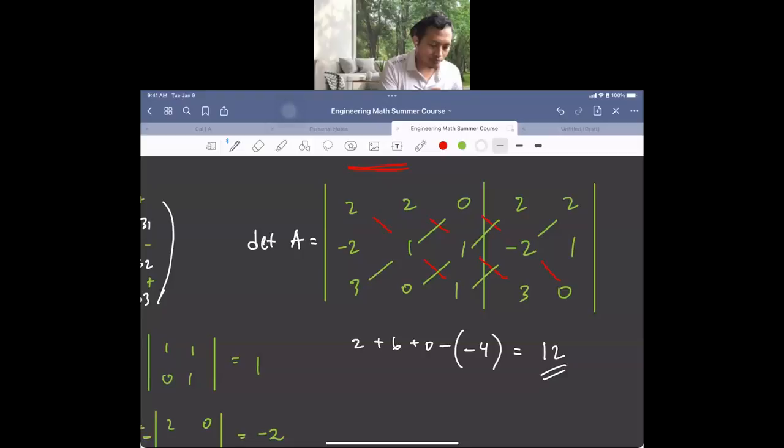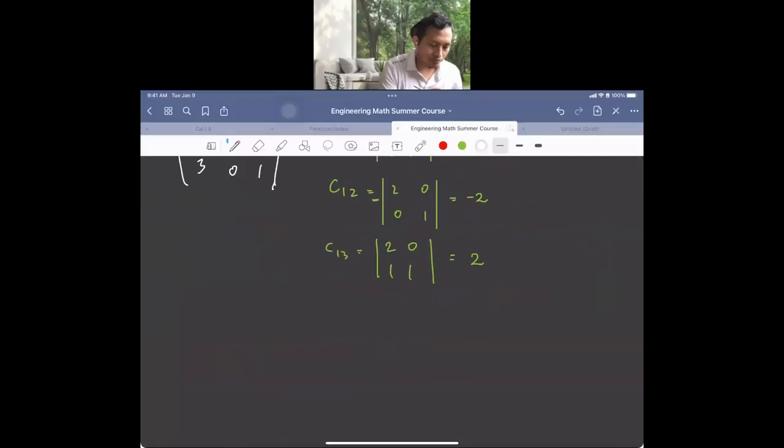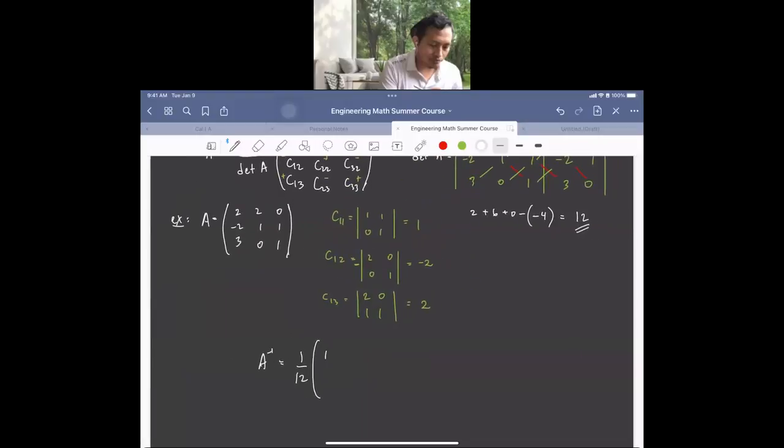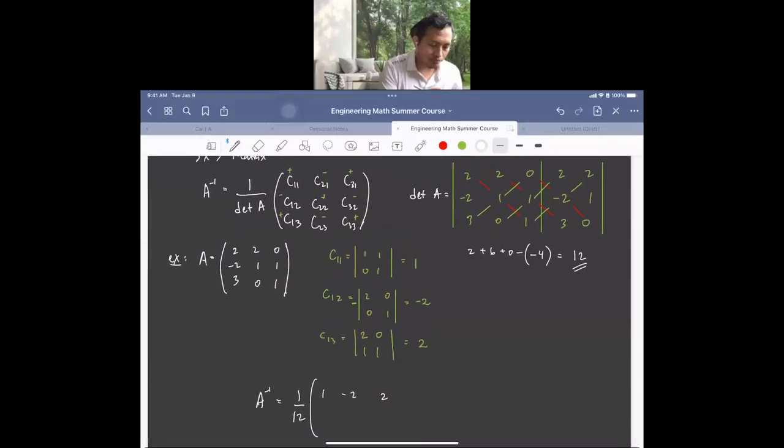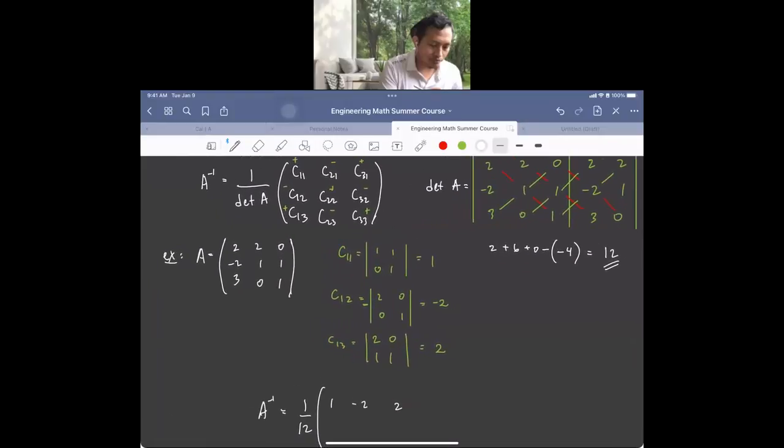And if you use the determinant with the cofactors, it's also the same, 12. Okay, so 1 over 12. So the A inverse is 1 over 12, and then supposed to be 1, negative 2, 2, and then later you will have... wait.